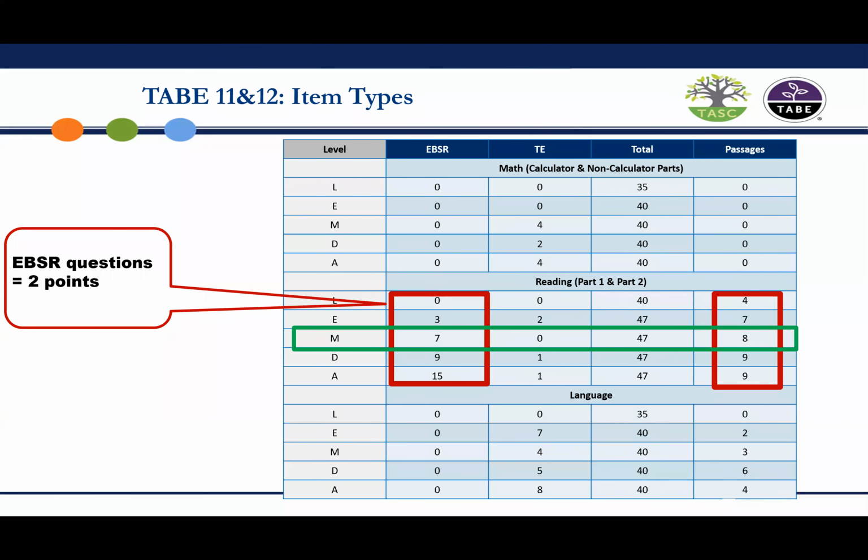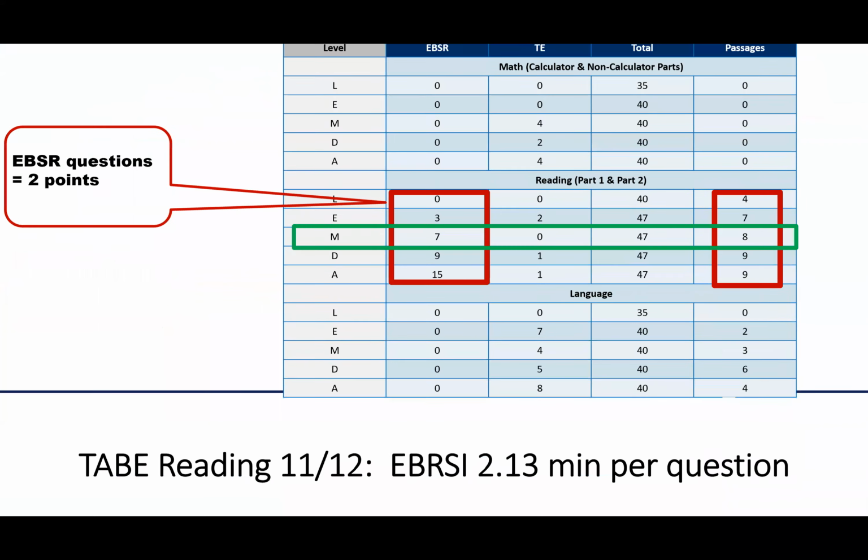The test taker is reading 4 passages at the L level and grows to 9 by the time you get to levels D and A. And two, the number of evidence-based selected response style questions also grows along with the number of passages. They come into play beginning at level E with 3, and by the time the test taker is on level A, they have to respond to 15 of these questions.